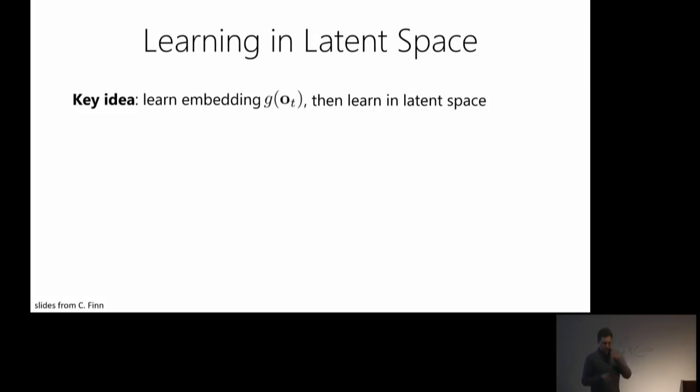So the key idea that a lot of model-based RL methods that use image observations are built on is that we're going to learn some kind of embedding of our observations, some embedding function that maps from observations to a latent representation of the state, and then use that latent representation of the state to actually choose actions.